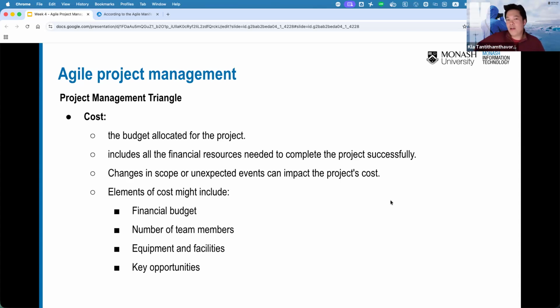For example, in the real world, let's say we want to deliver some piece of software for a project in 6 months, okay, 6 months. Based on this kind of scope, we need, let's say, two software engineers, let's say 100K each.